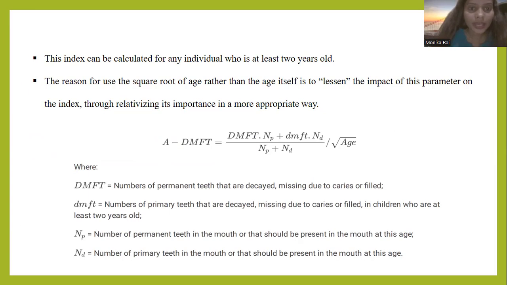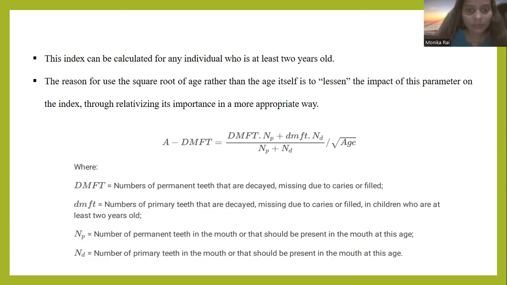The index can be calculated for any individual who is at least 2 years old. The reason for the square root of age rather than the age itself is to lessen the impact of this parameter on the index by relativizing its importance in a more appropriate way.